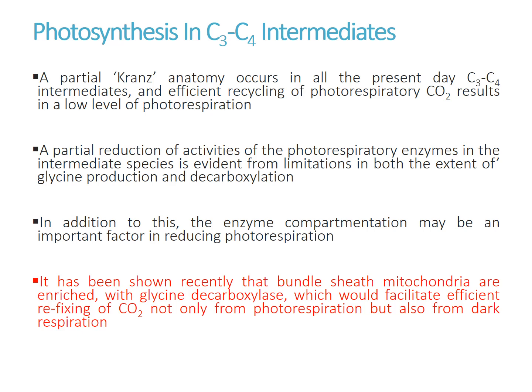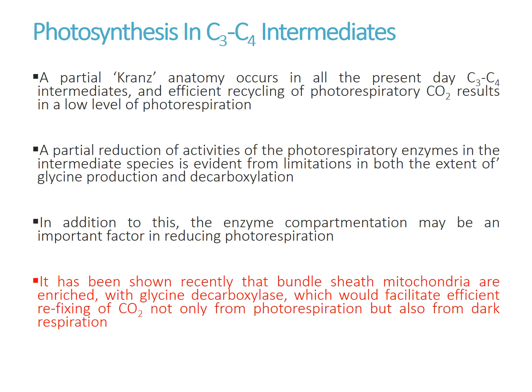A partial reduction of activities of the photorespiratory enzymes in the intermediate species is evident from limitation in both the extent of glycine production and decarboxylation. Glycine production occurs in one type of cells, and its decarboxylation enzymes are present in another type of cells. Glycine production occurs in mesophyll cells, and decarboxylation occurs in the bundle sheath cells.